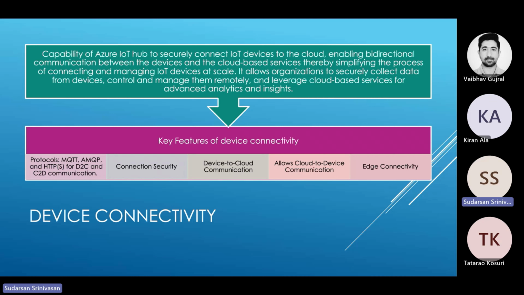There are solutions, even in our own organization, where we use UDP to actually do the communication. But of late, with the advent of protocols like MQTT and AMQP, it has grown manyfold, meaning these protocols give you advantages in terms of size and in terms of security.